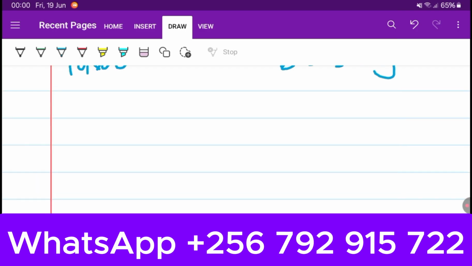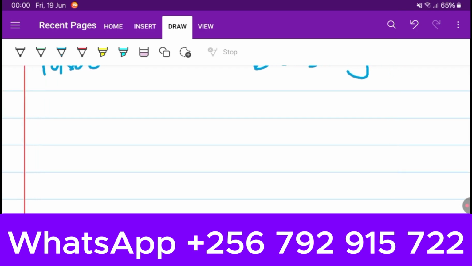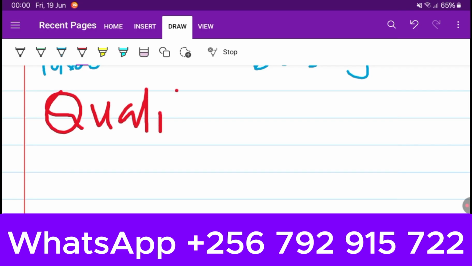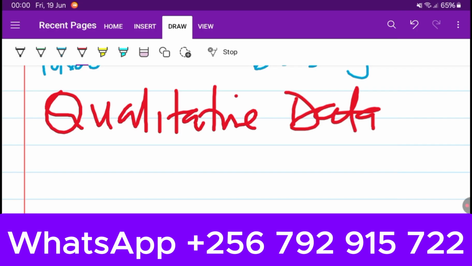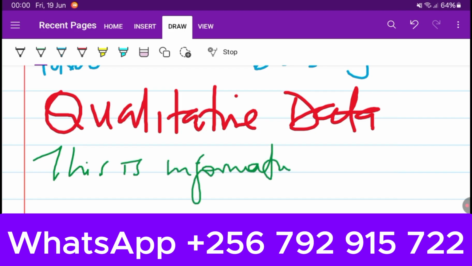So let's now look at what we call the qualitative data. What is it all about? Now, qualitative data gives you information about qualities.